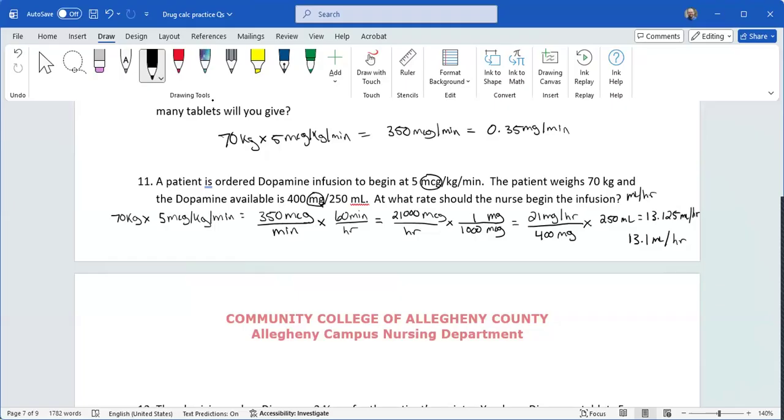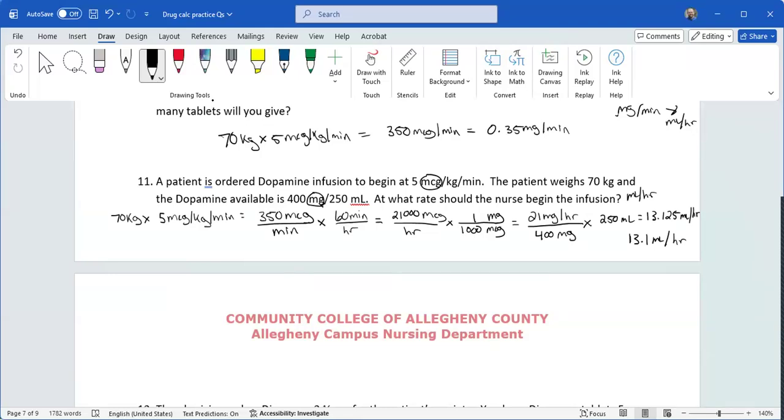So what we're trying to do is go from milligrams per minute to milliliters per hour. And the problem is you got too many things, so you're not comparing apples to apples. So it's hard to do the ratio proportion from here. When you get to this part, the 0.35 milligrams per minute, you can do this a couple different ways.